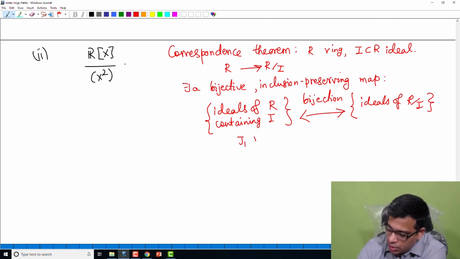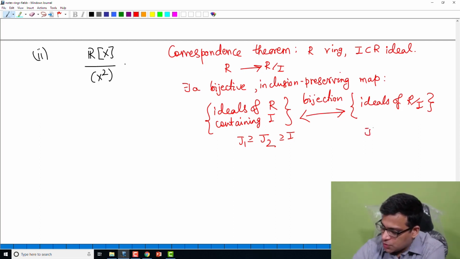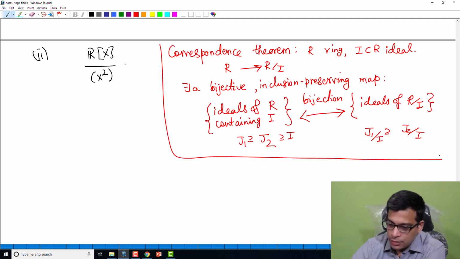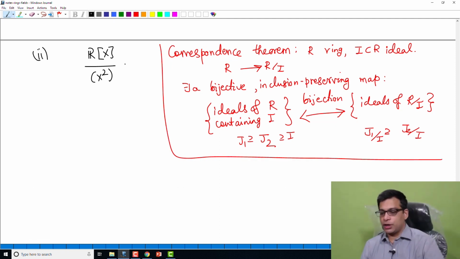If J1, J2 are ideals that contain I, and J1 is contained in J2, the corresponding ideals also have the same inclusion. In other words, the inclusion of J1 in J2 is preserved.